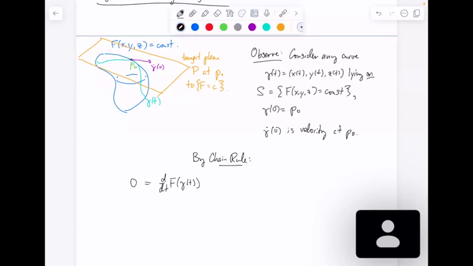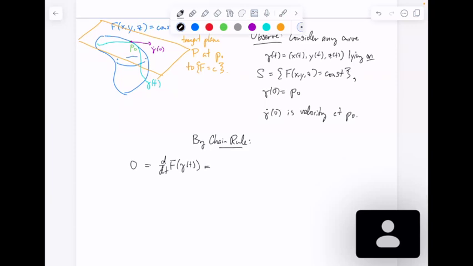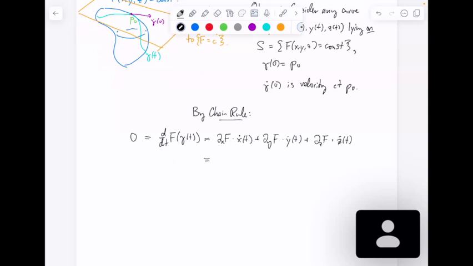Now by the chain rule here, this is the same thing as the following. This is partial x of f times x dot of t plus partial y of f times y dot of t plus partial z of f times z dot of t. I could rewrite this as the gradient of f dotted with the velocity vector gamma dot of t, right?